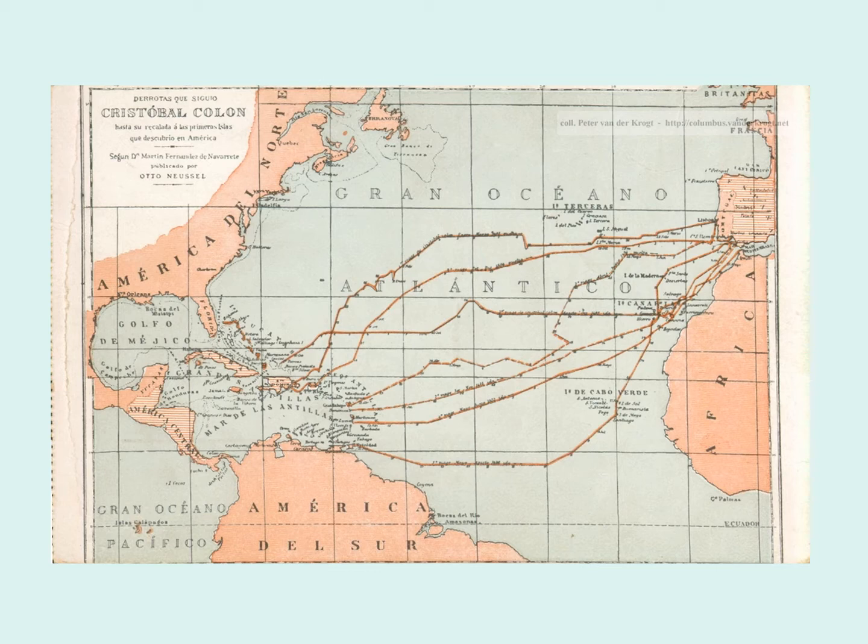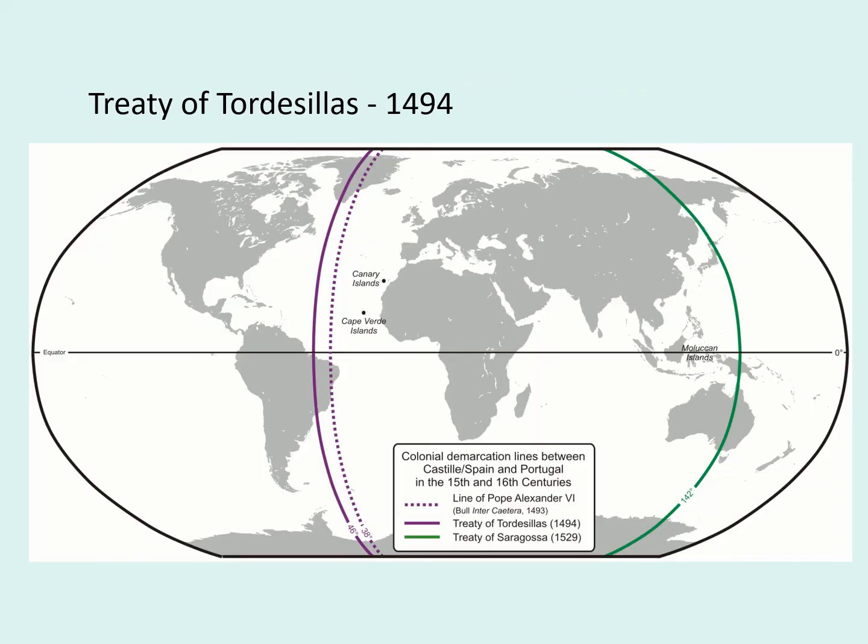So in 1493, just 1 year after Columbus's first voyage, Ferdinand and Isabella will appeal to the Pope, Alexander VI, a Spanish Pope. Now, the Pope had a lot of political power at this point in time, especially since all of Europe was Catholic.